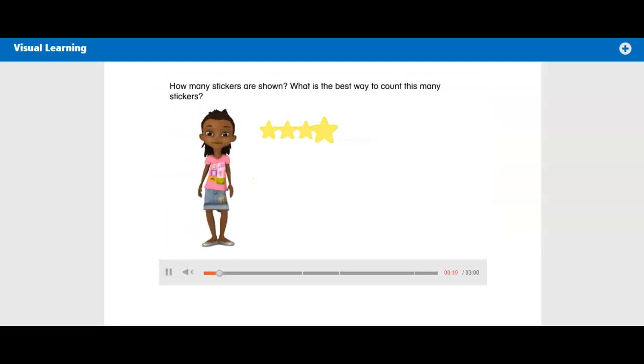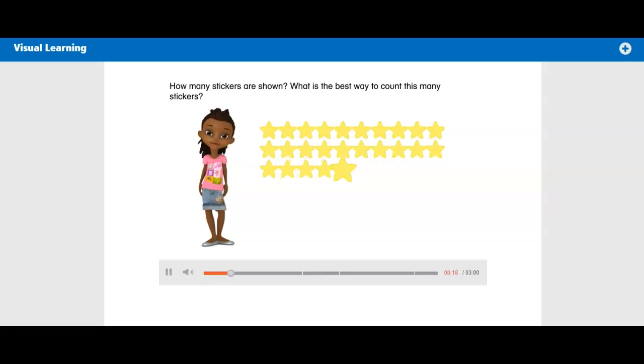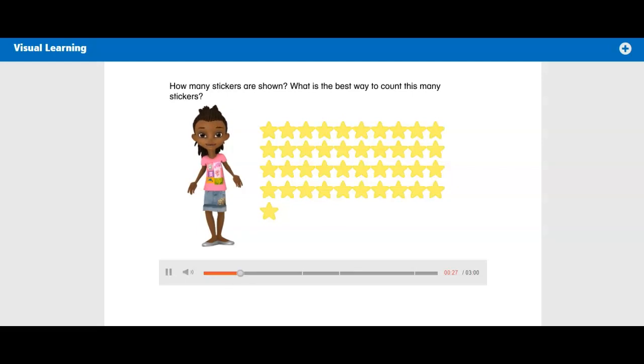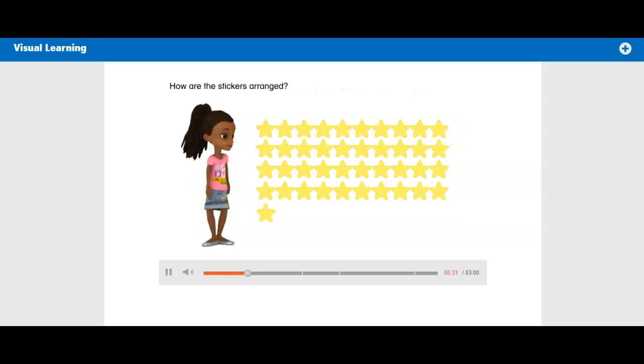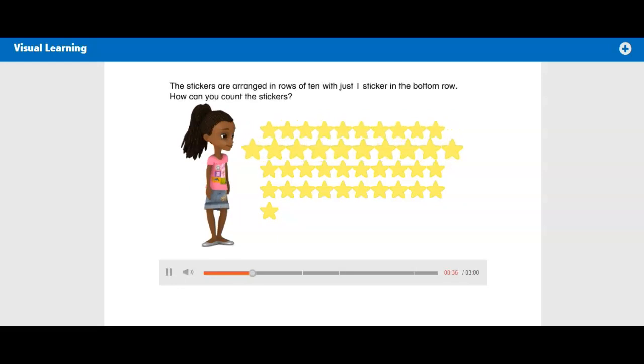How many stickers are shown? What is the best way to count this many stickers? Let's find out. How are the stickers arranged? The stickers are arranged in rows of 10 with just one sticker in the bottom row.